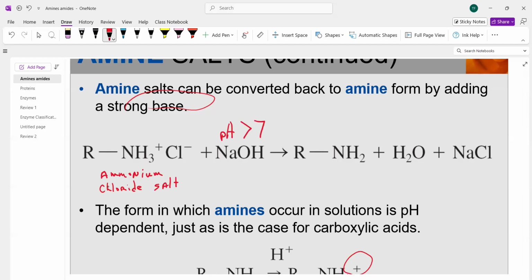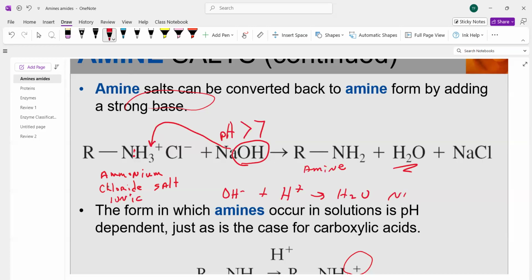So the pH is greater than 7. What happens is this guy grabs hold of that guy with this reaction here. So we have the hydroxyl group from the NaOH plus the proton stuck on the end of the lone pair here, forming water, and converts the ammonium salt to just the amine. So this is ionic, non-ionic.